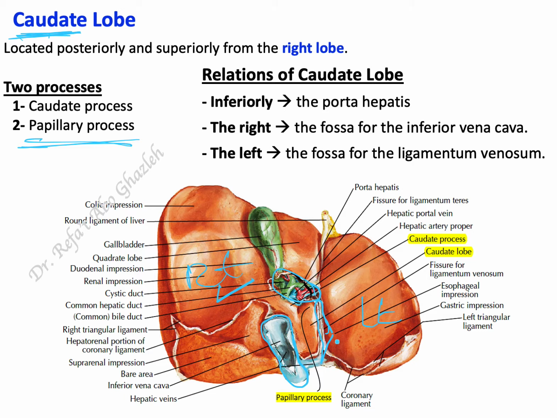And finally, I would say the caudate lobe is located posteriorly, and you can see it posteroinferiorly on the visceral surface of the liver.